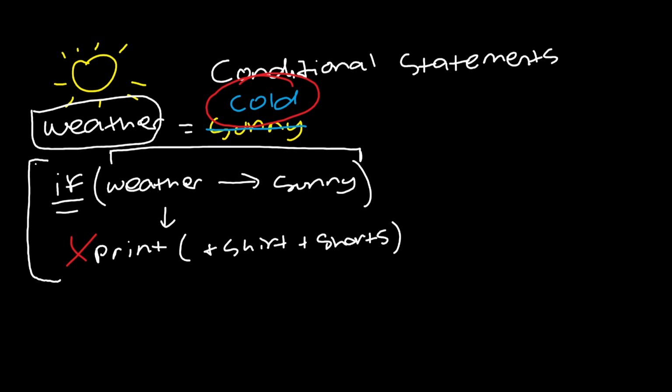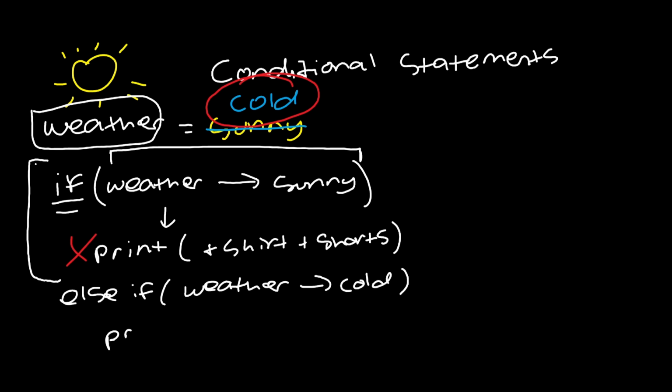So this is where something called an else if condition comes into use. So we can say something like else if weather is cold, then we might want to print boots plus jacket.